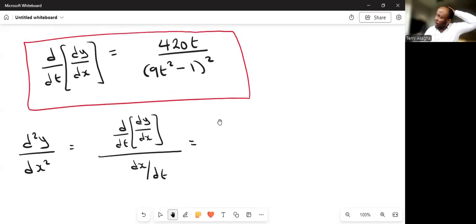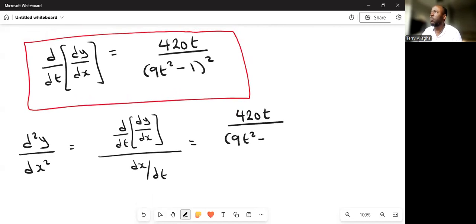So the answer we had is 420t all divided by 9t squared minus 1 squared, all this divided by dx over dt.